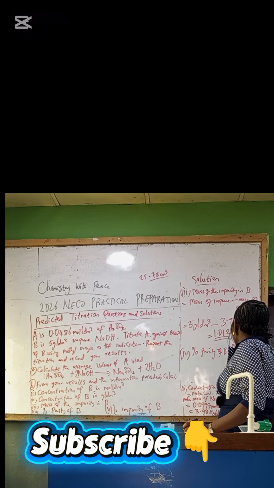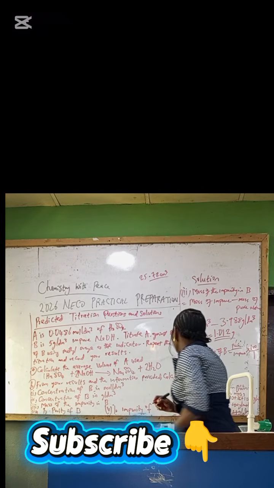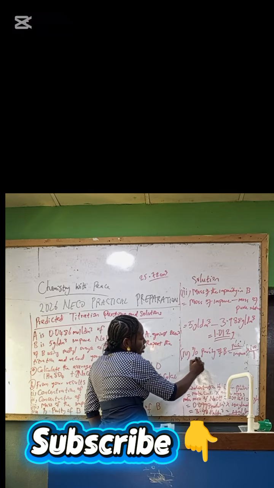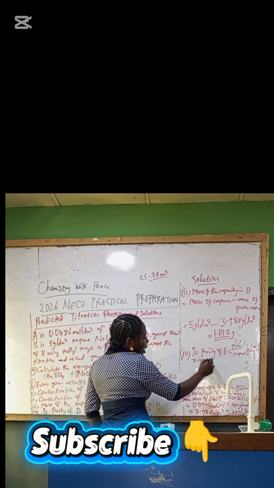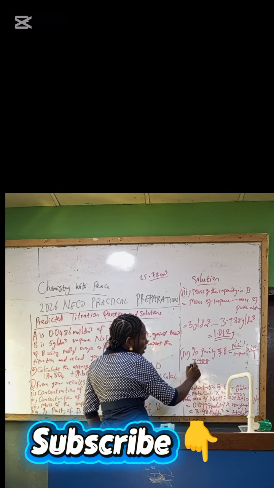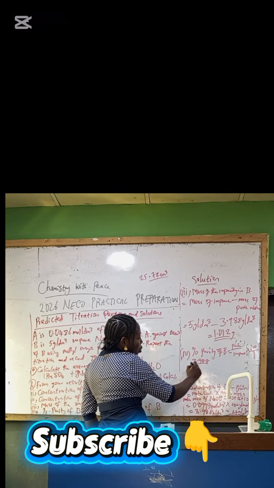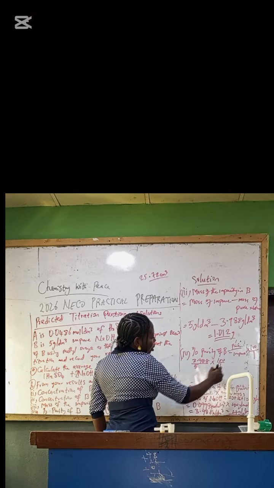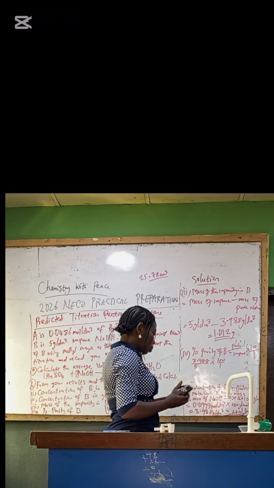And we have the mass of the pure substance to be 3.988 over the mass of the impure, which is 5, times 100 over 1.